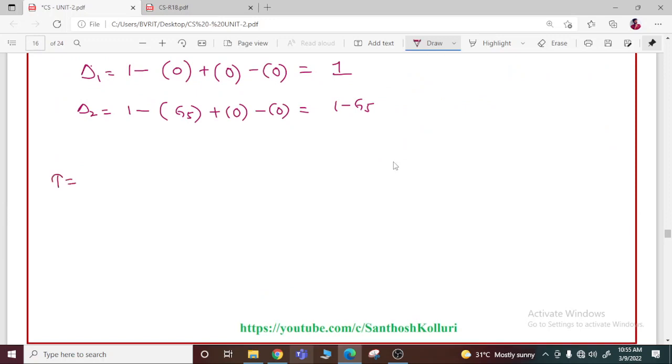Transfer function is equal to P1 delta 1 plus P2 delta 2 divided by delta.